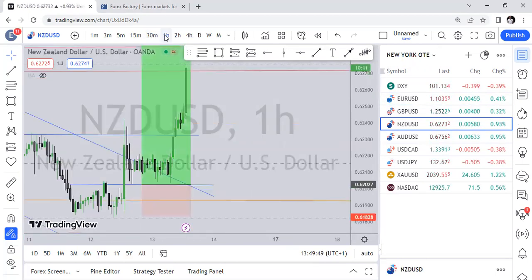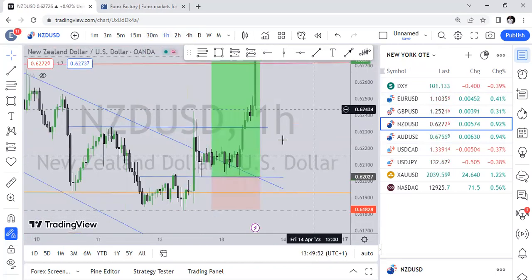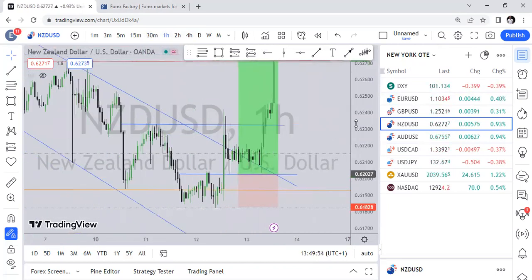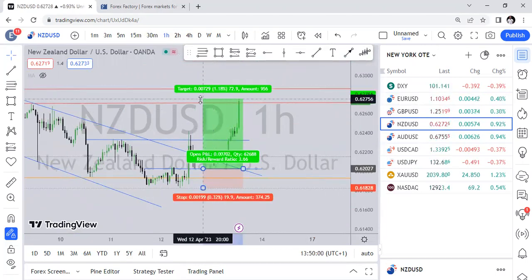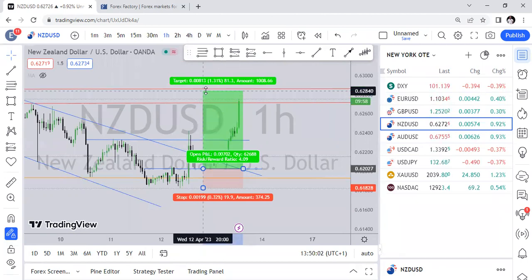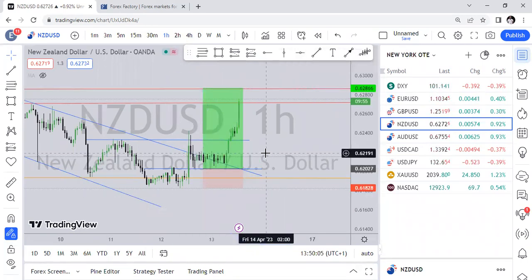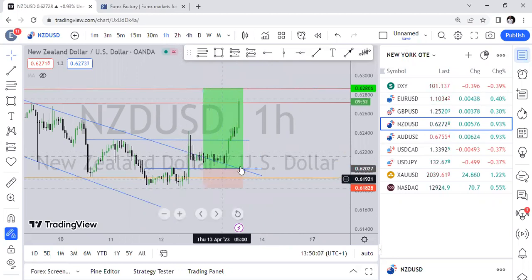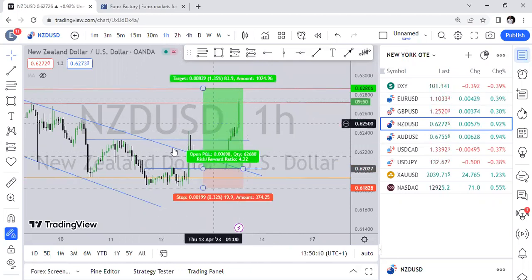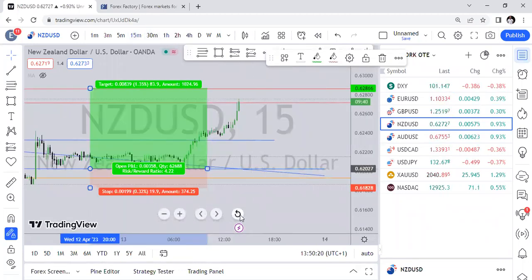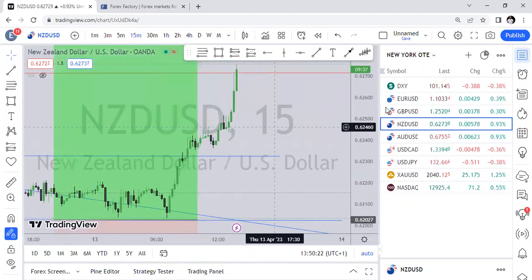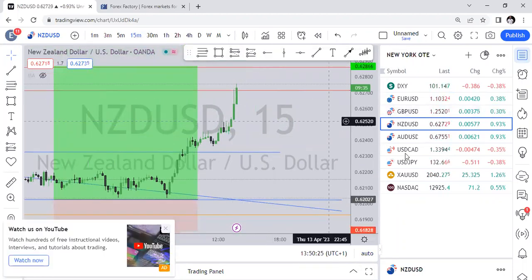The same thing with the NZD USD, also responding to the news positively, buying off.